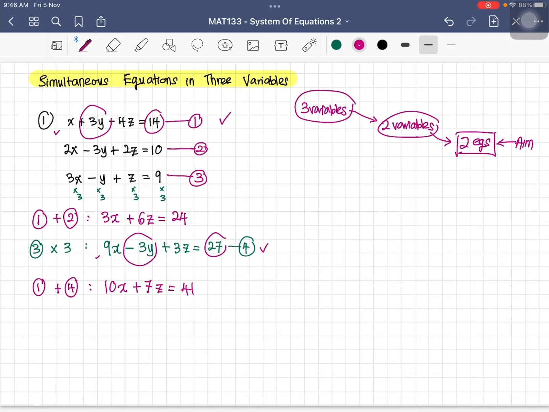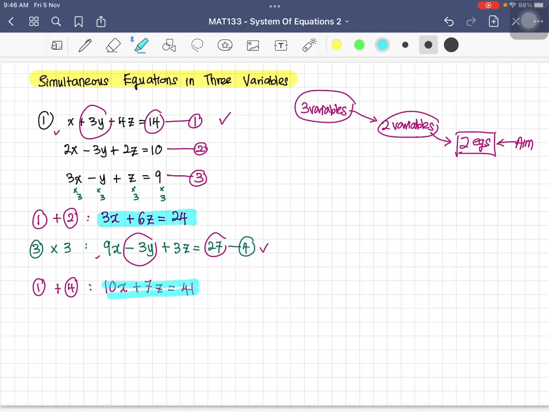Now let me highlight this. We now have the equations in variables x and z.